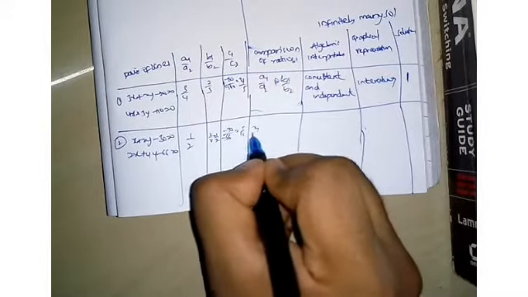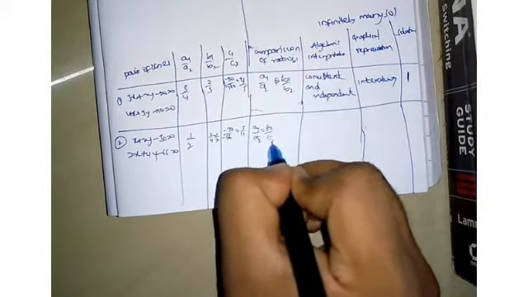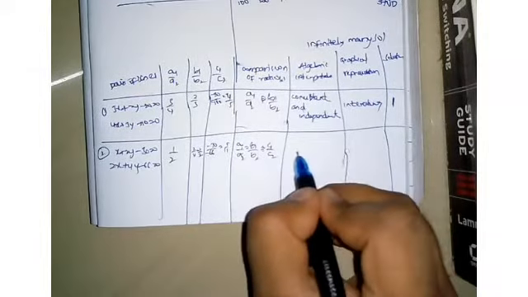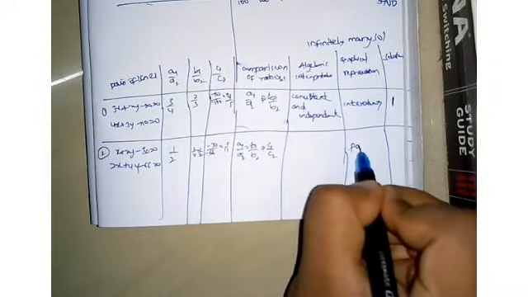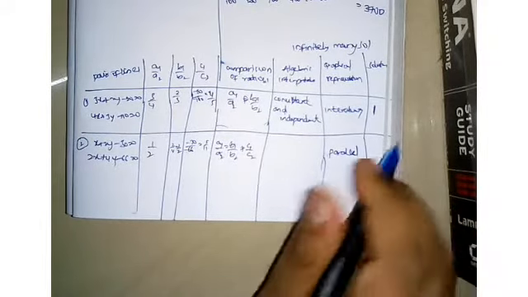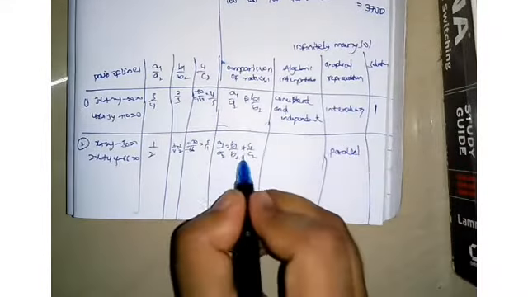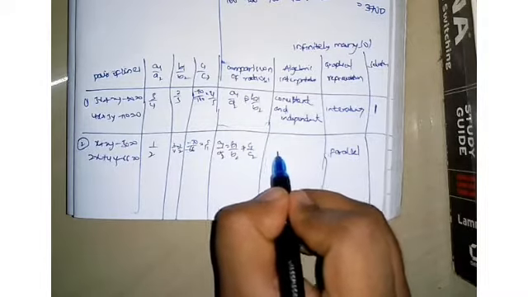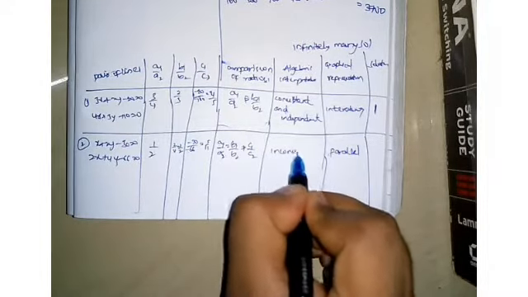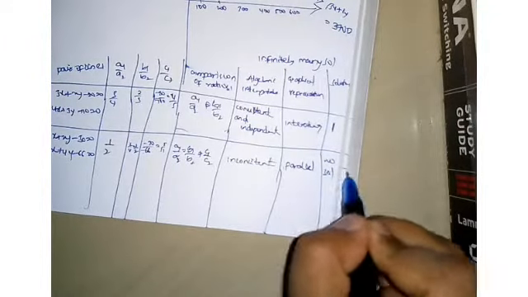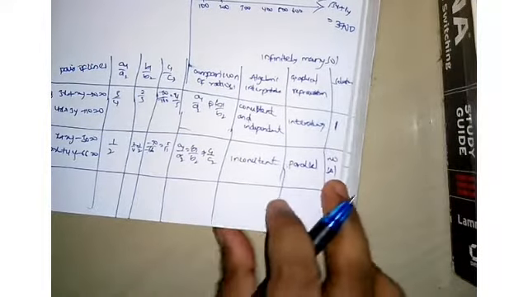Here if you observe, a1 by a2 is equal to b1 by b2 and not equal to c1 by c2. So these are parallel. Graphical interpretation is parallel, and since c1 by c2 is not equal to b1 by b2, this will be inconsistent and you have no solution for this. They are parallel lines never intersecting, so no solution.